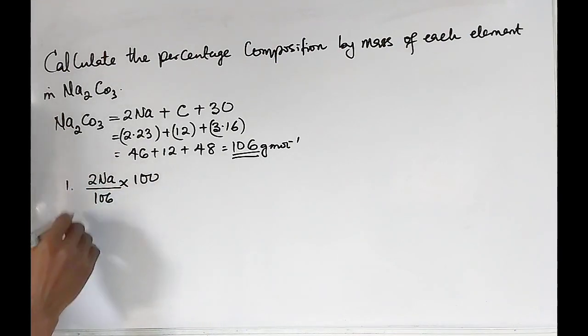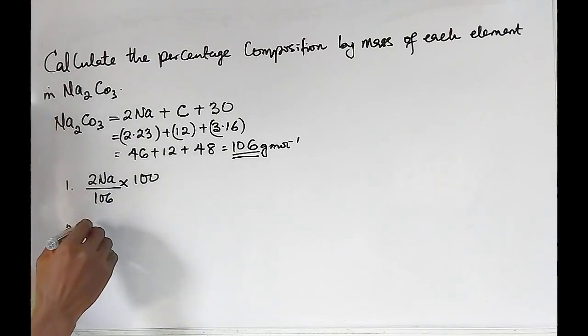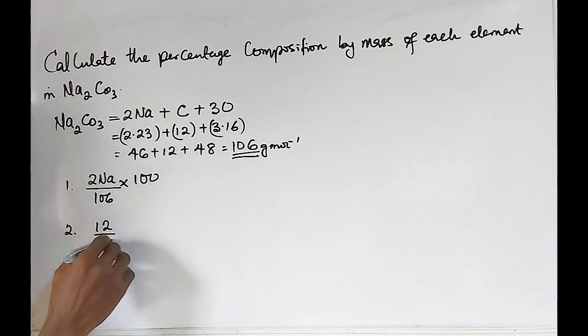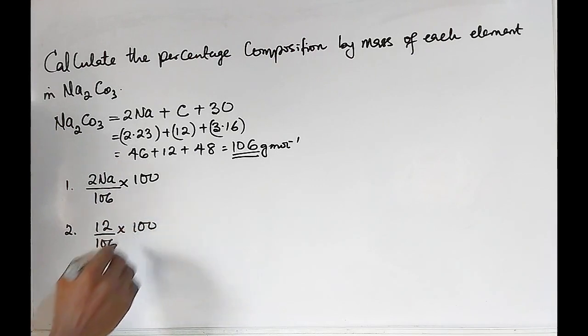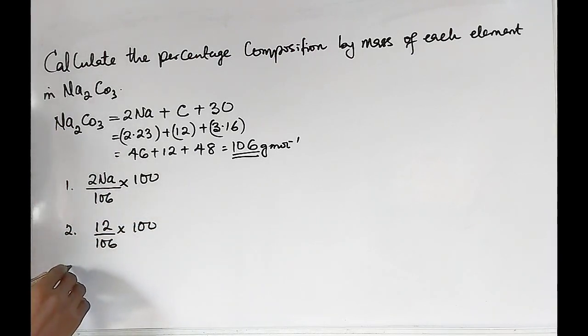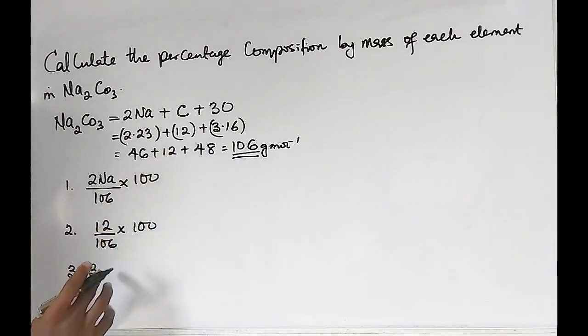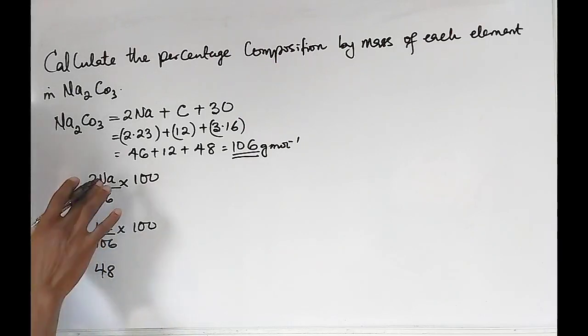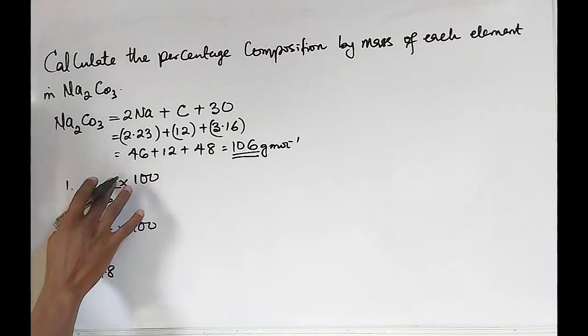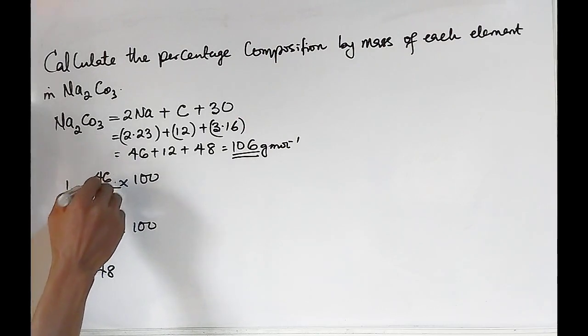Now the second one, which is carbon, has only 1 atom, so 12 over 106 times 100%. And the third one, which is oxygen, has 3 atoms, so that will be 3 times 16, which is 48, over 106 times 100%.